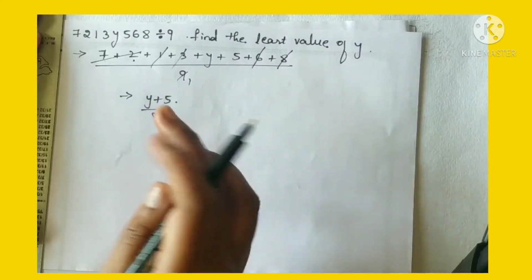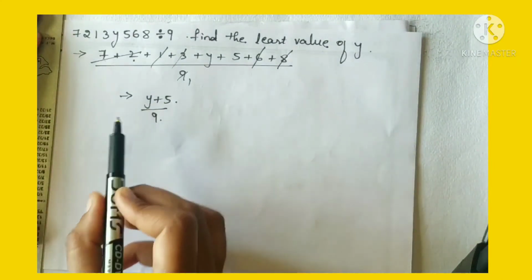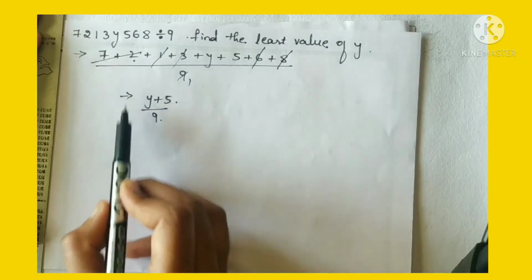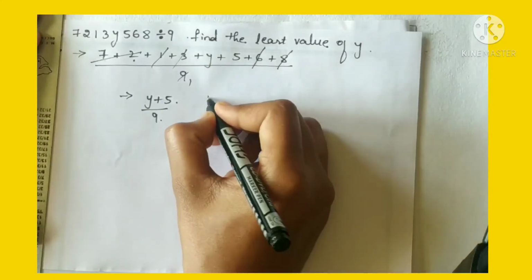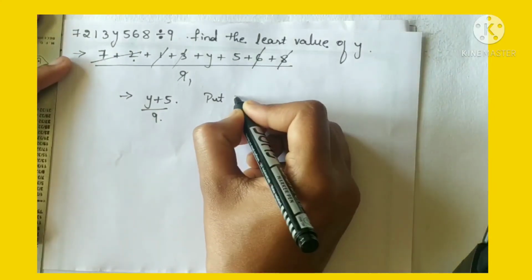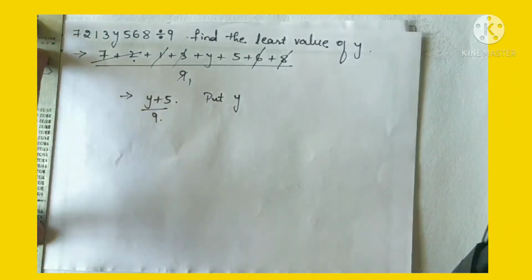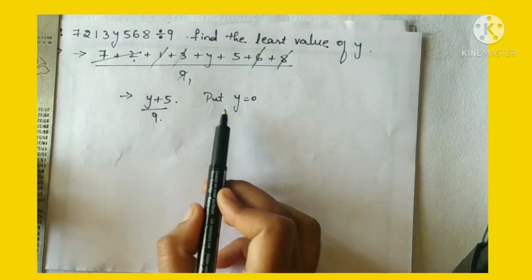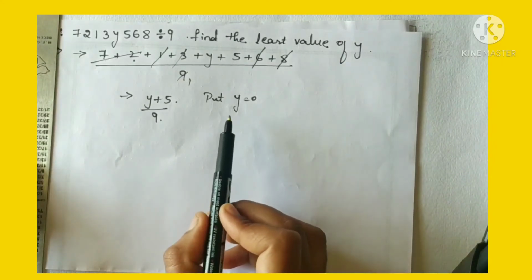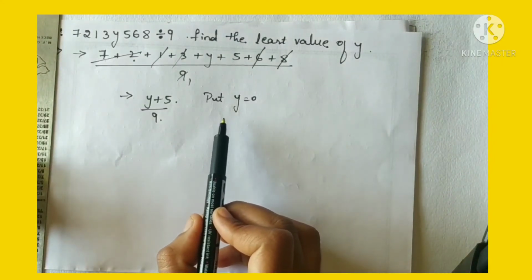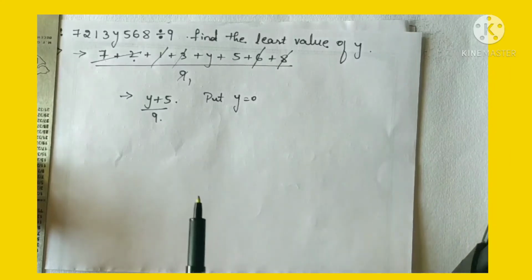So now we have to put values in place of y, choosing the number for which the sum is divisible by 9.